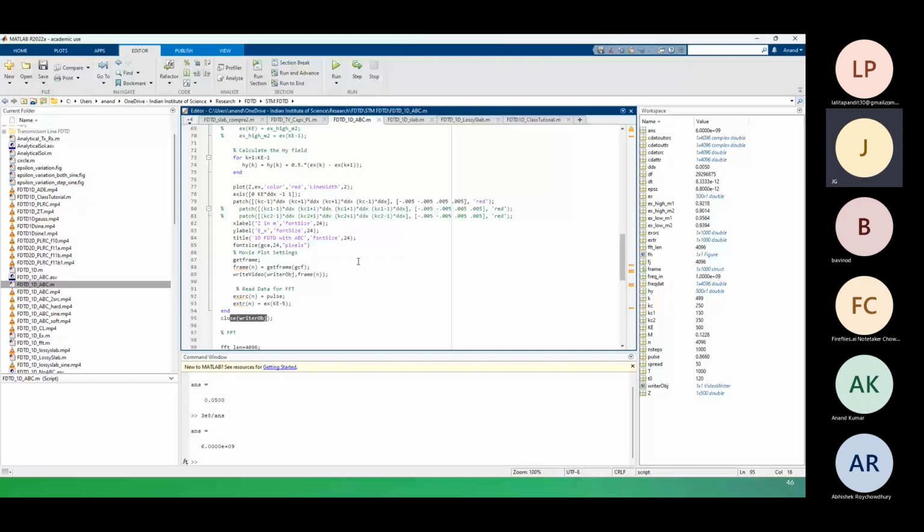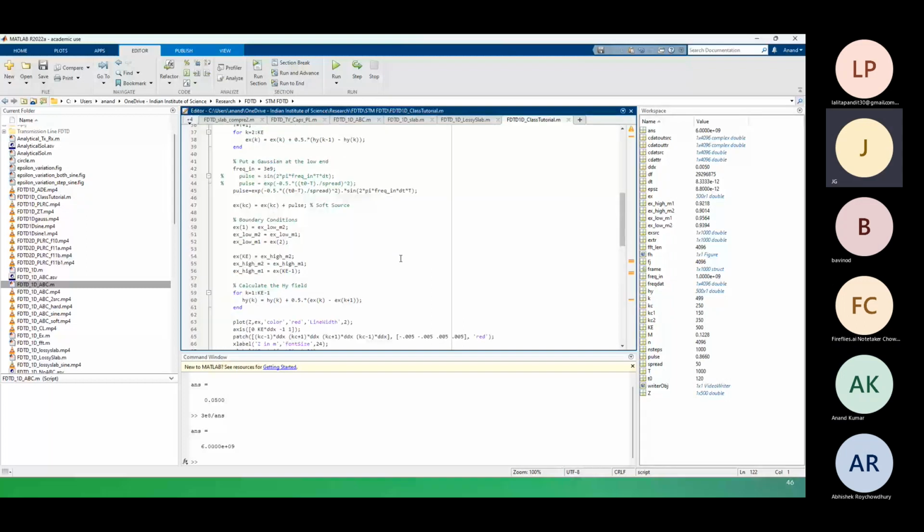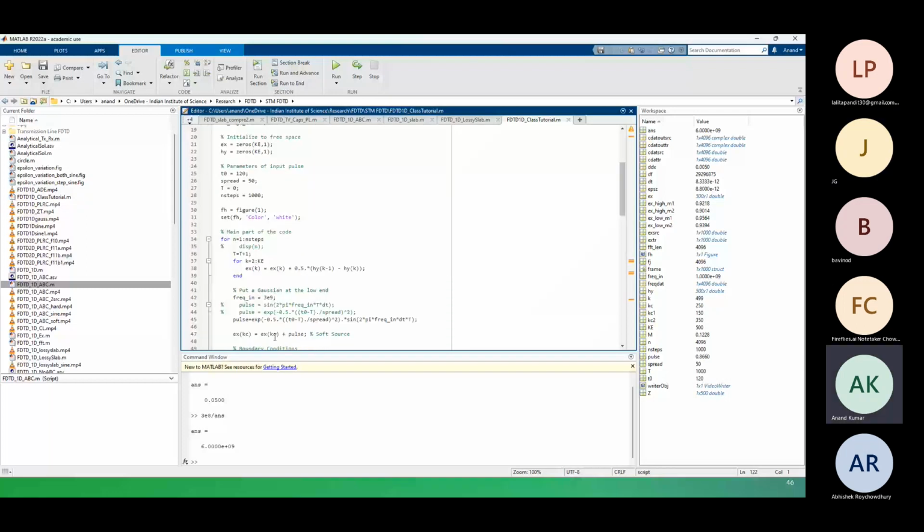Around line number 40. Line 47. Yes, 47. If you change it to Kc plus 20, then please look at the result.